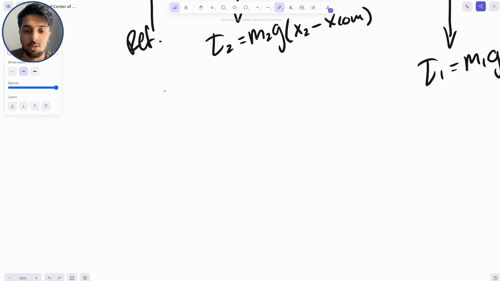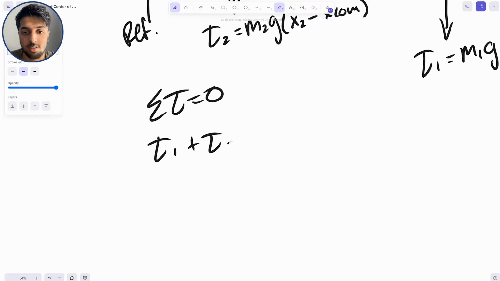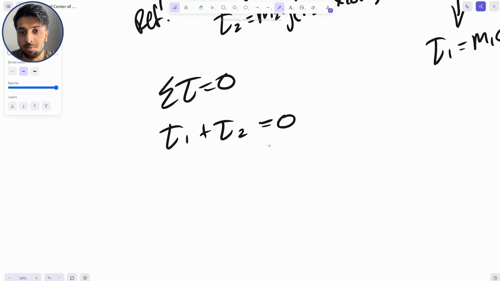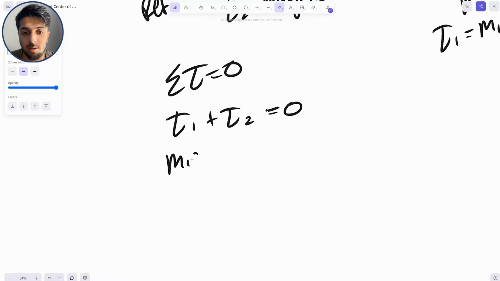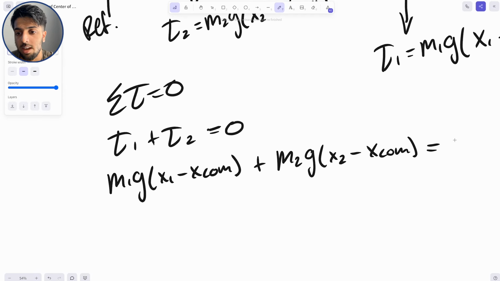Okay, so we know that the sum of all torques has to equal 0, so T1 plus T2 has to equal 0. Thus, M1 g times (x1 minus x center of mass) plus M2 g times (x2 minus x center of mass) has to equal 0.